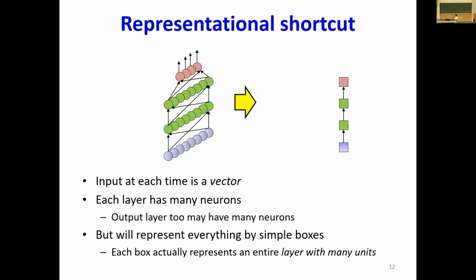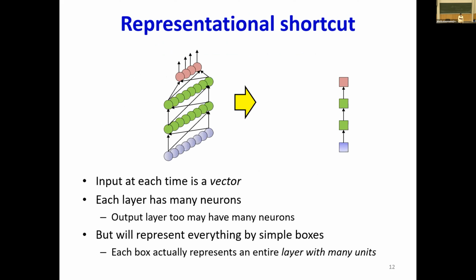Now, before I continue, I want to introduce a representational shortcut over here. If you see the figure to the left, that's your standard MLP, except instead of drawing it face on, I've tilted it slightly. It's fully connected from layer to layer. If I continue to tilt it all the way so that it's edge on, it's going to look like the figure to the right.